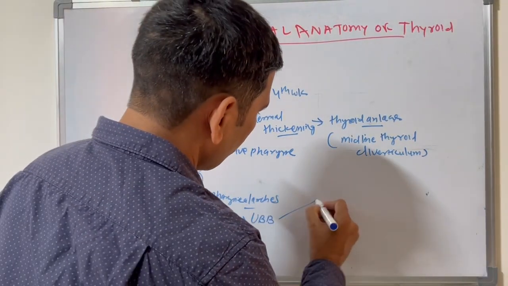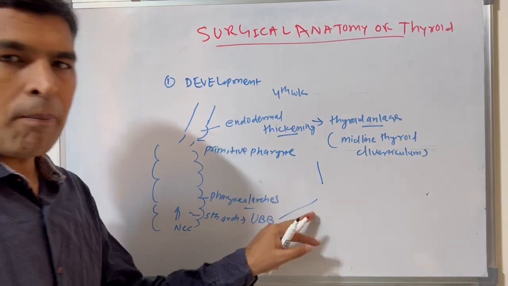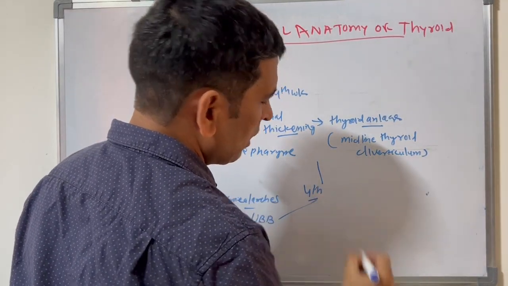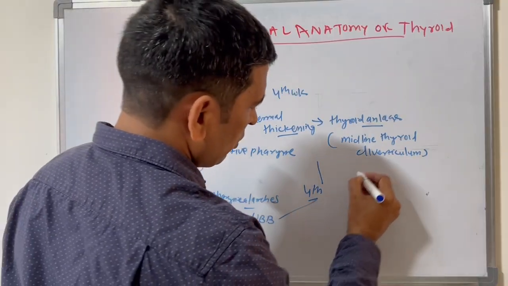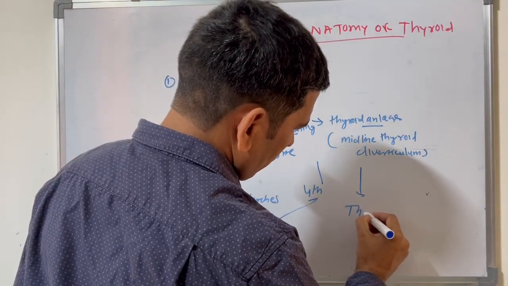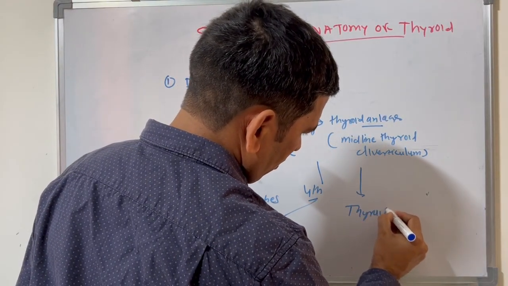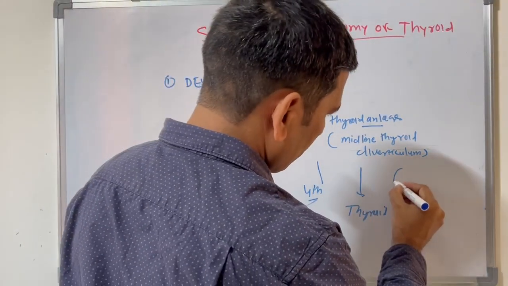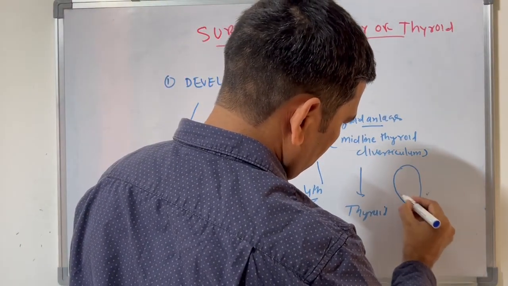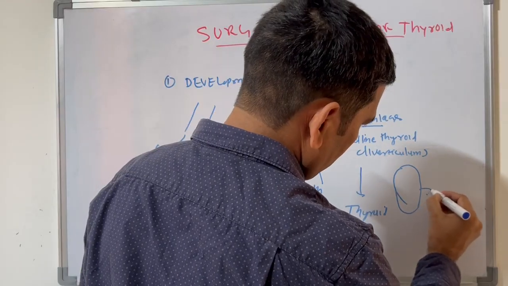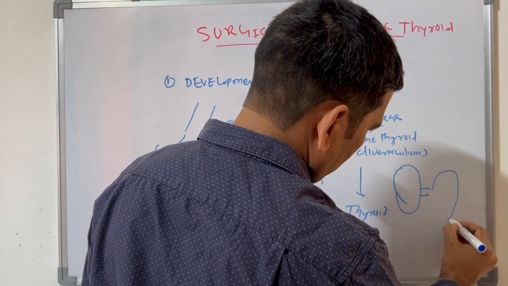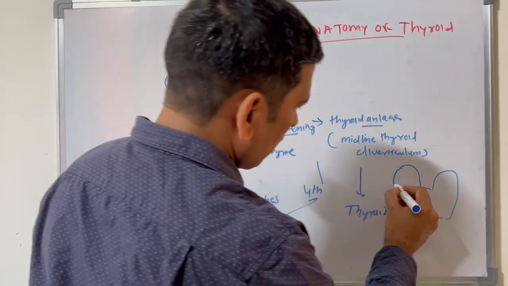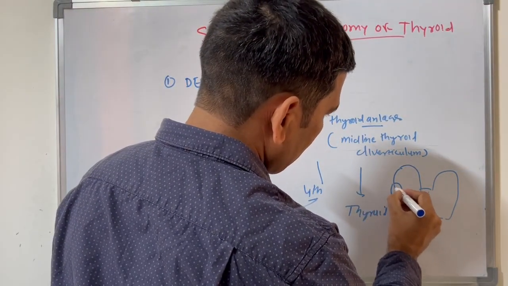These both combine at the fourth month to complete the thyroid development, forming the thyroid gland. Okay, so this part here is elevated.